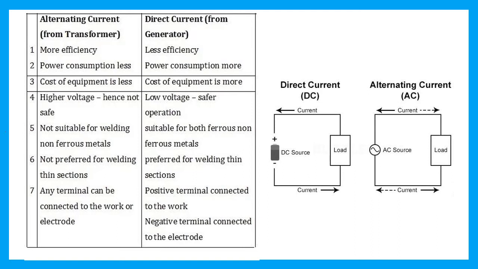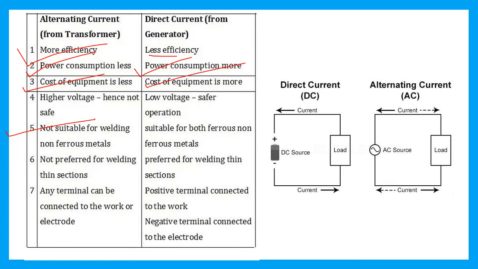Alternating current is more efficient, this is the first point, while DC is less efficient. In AC, power consumption is less, while in DC power consumption is more. And the cost of equipment to produce AC is less, while the cost of equipment to produce DC is more.